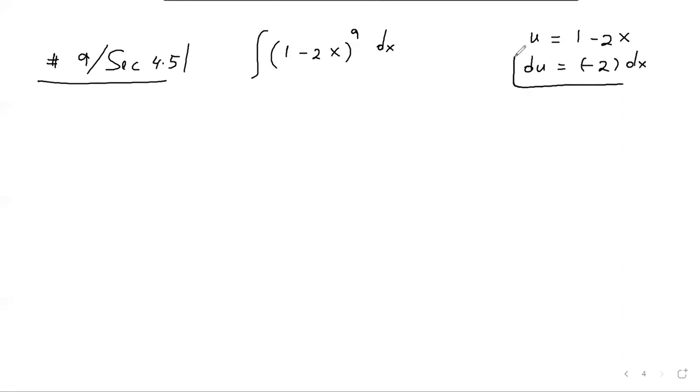All right, so this is the change of variables, and this is equal to the antiderivative of 1 minus 2x to the 9. All right, so it's u to the 9, and instead of dx, look here, folks, you're going to say dx equals negative 1/2 du.